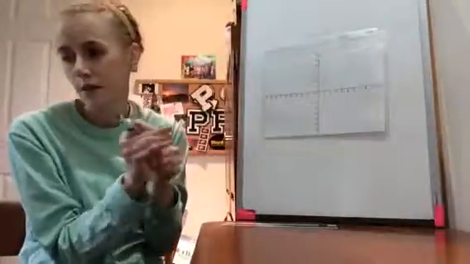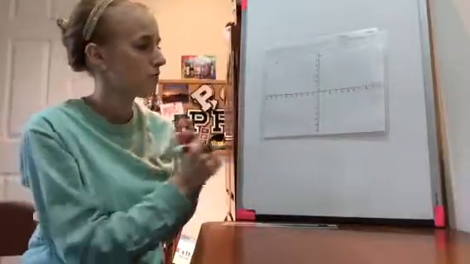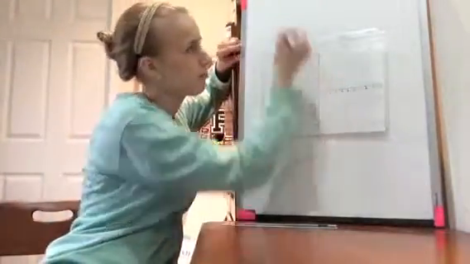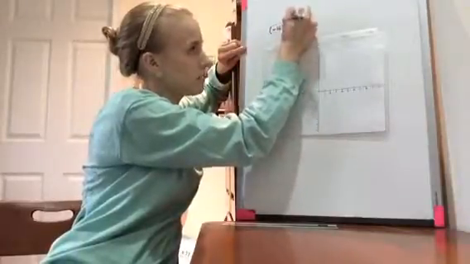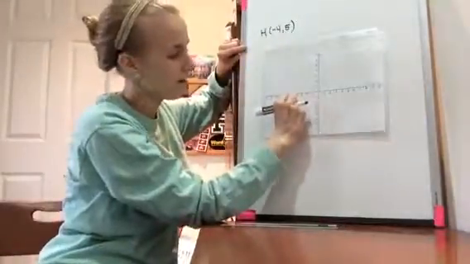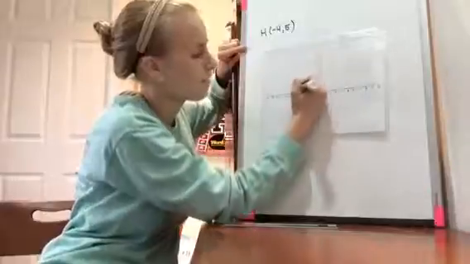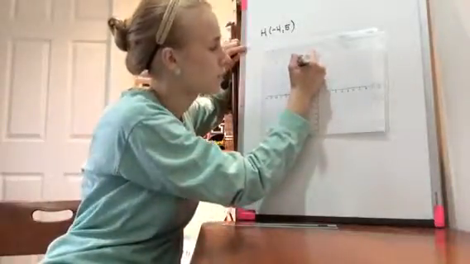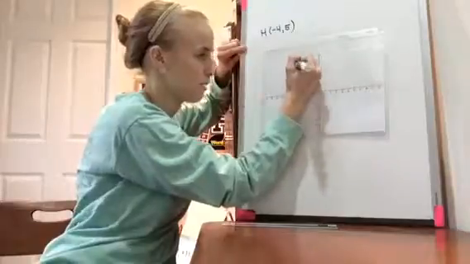So I have my graph here. And so it says graph the point H at (-4, 5). So remember, if I have the point (-4, 5), and this is my H, all right, I need to go over negative 4 in the x direction and then up 5 in my y direction. So my H is going to fall right here, my original point.